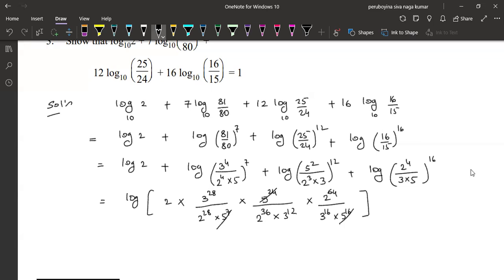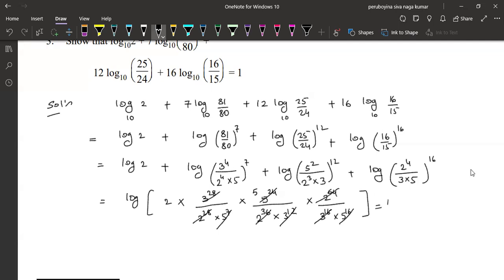So we have one more 5 left after calculation in the numerator. And 3 power 16 and 3 power 12 means totally 3 power 28 cancel. And also 2 power 36 and 28, 64 cancel.